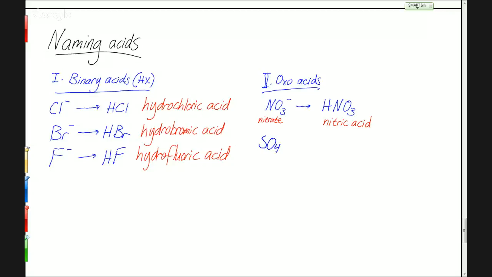What's this ion? So then its acid, because it's -2, it needs 2 hydrogens. So it'll be H2SO4. And this one is called sulfuric acid. So it goes back to that sulfur name with sulfuric acid.